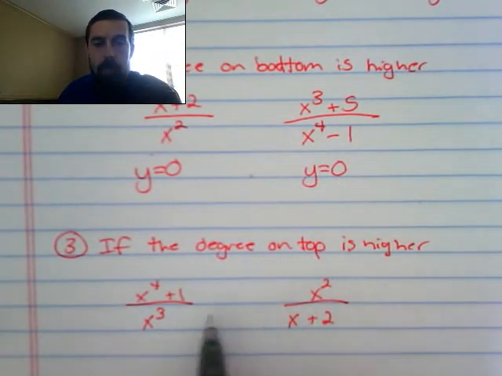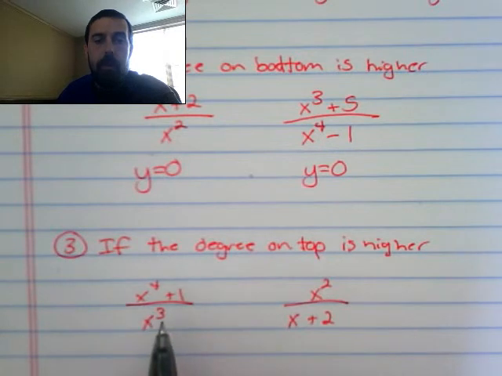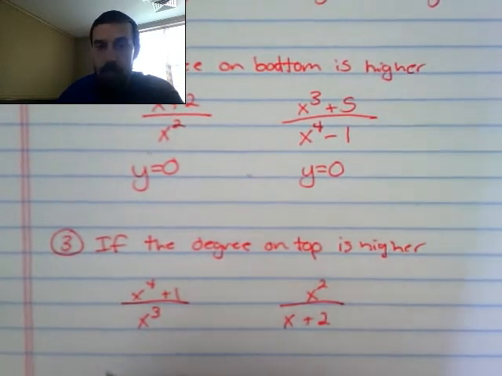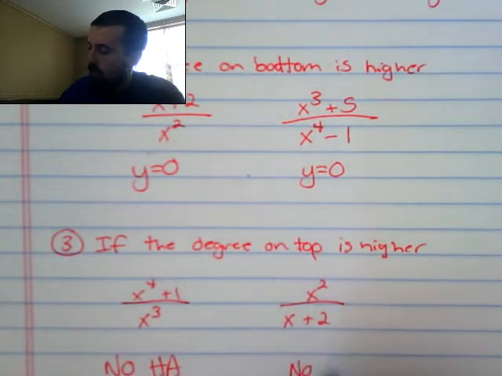You can notice our degree is higher on the top. 4 over 3 and 2 over 1. The degree on the numerator is 4, the degree on the denominator is 3. The degree on the numerator is 2, the degree on the denominator is 1. So in this case, you just know there is no HA. So you would say no HA.